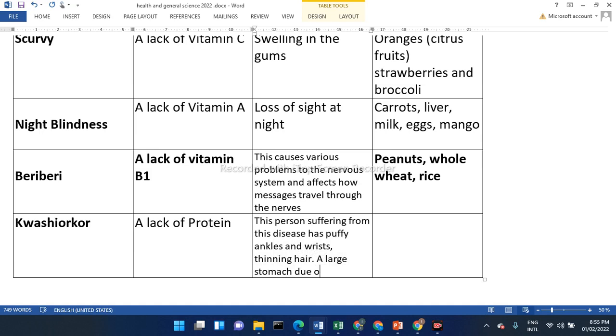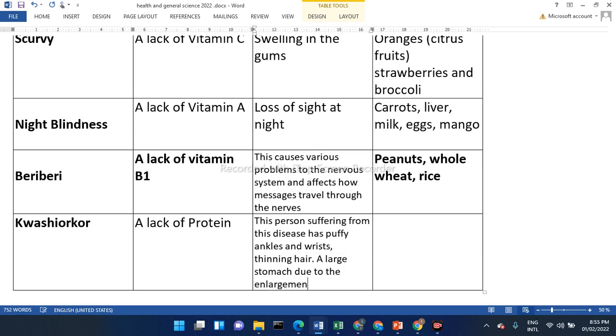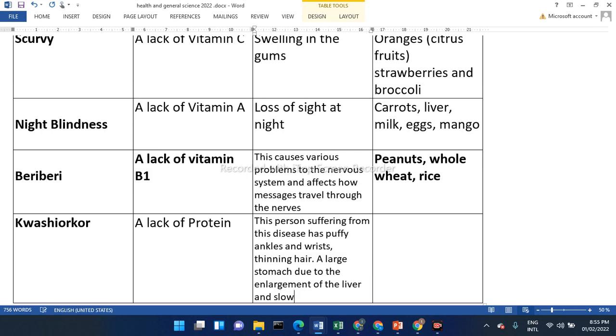Due to the enlargement of something. Something's gonna get bigger. The stomach, the liver, and slowed mental development.